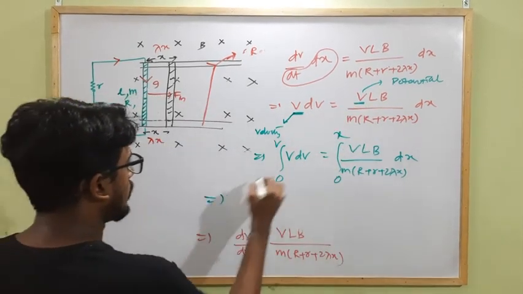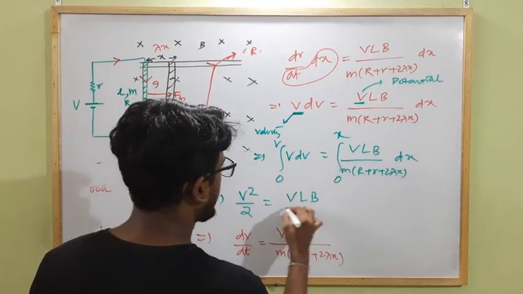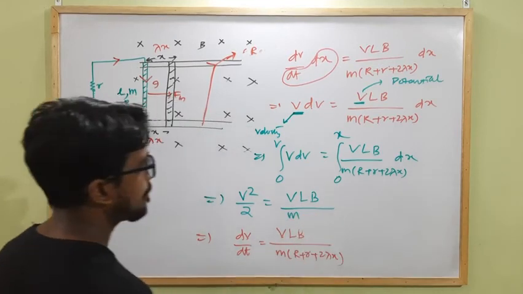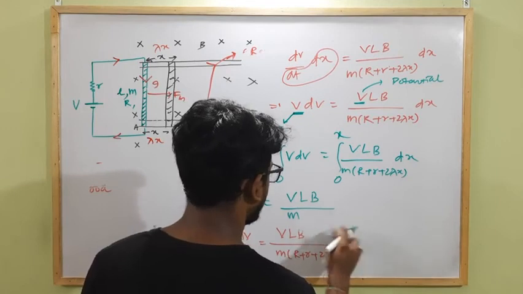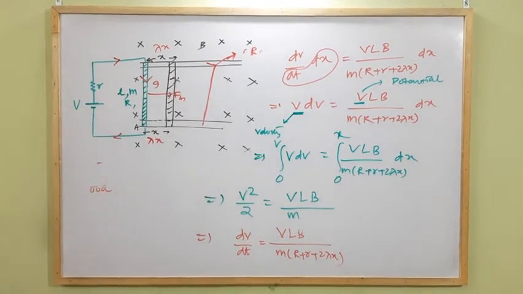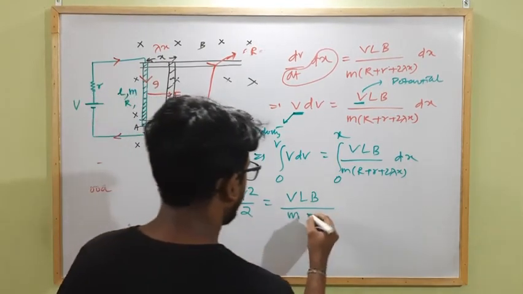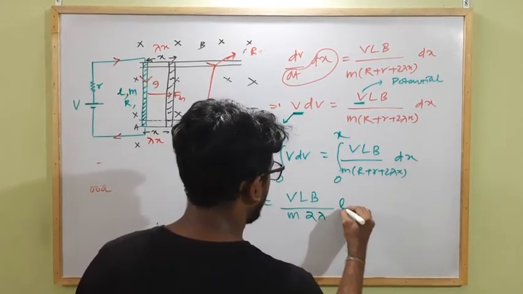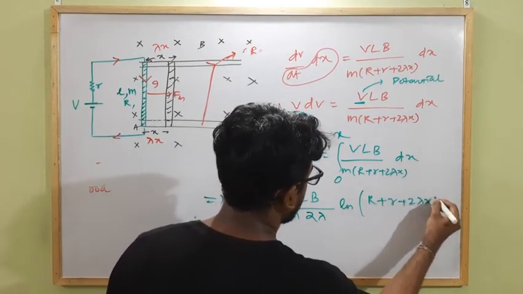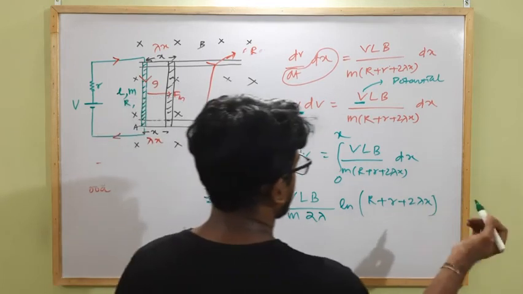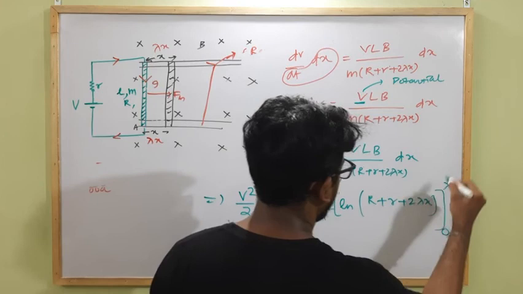So this will become V square by 2 equal to VLB by M into the integral of dx by R plus 2 lambda x. It will become how much? The coefficient of x is 2 lambda. So 2m into 2 lambda, it will be ln of R plus 2 lambda x. Limit varies from 0 to x.